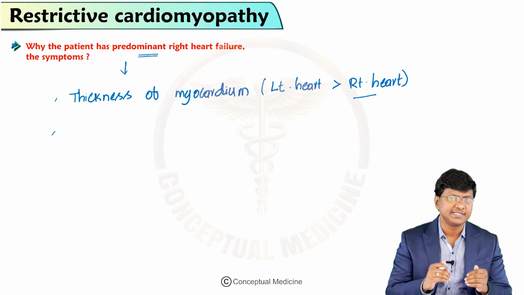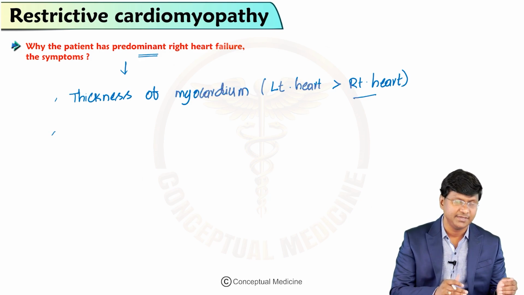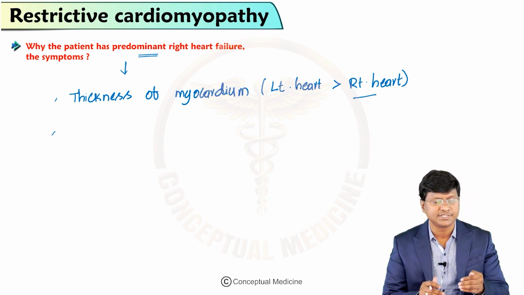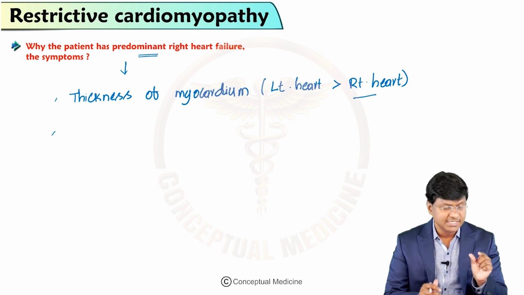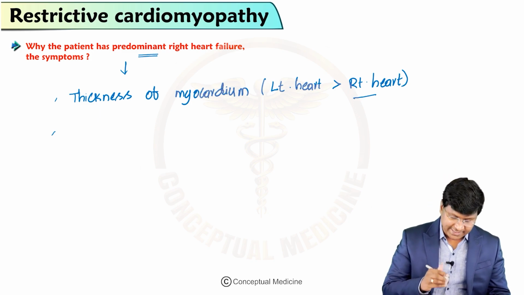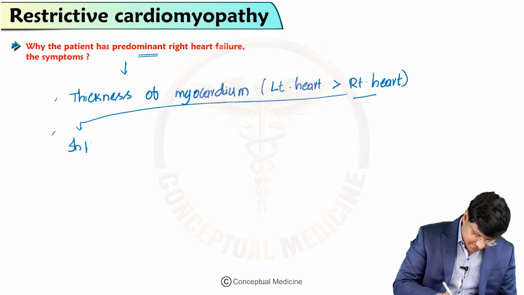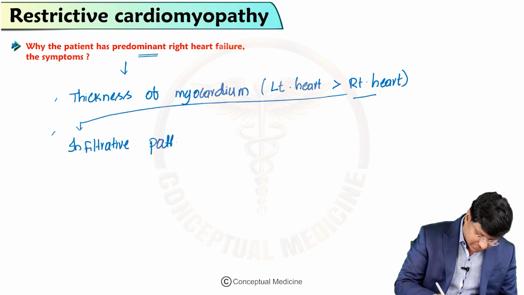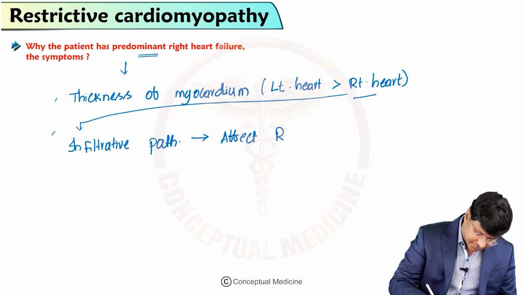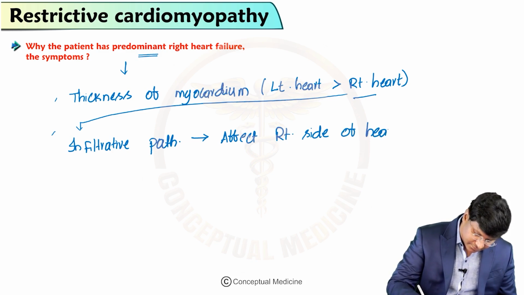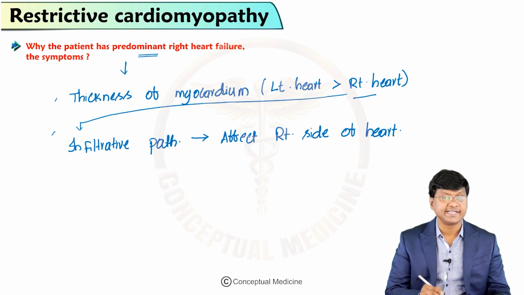So whenever an infiltrative pathology causes restrictive cardiomyopathy, the right side of the heart is affected first, because its thickness is less than that of the left side. So these infiltrative pathologies affect the right side of the heart.